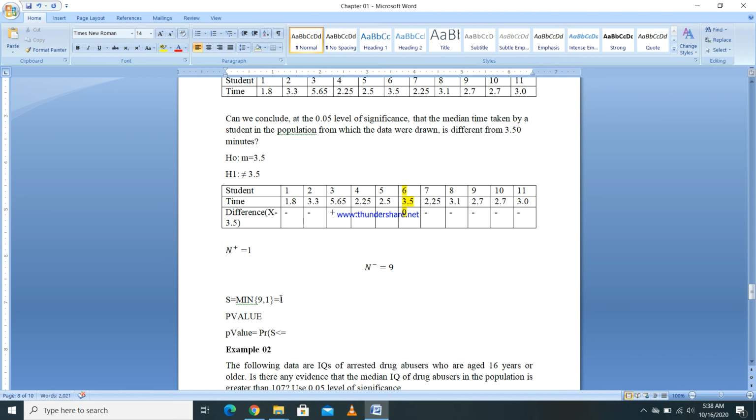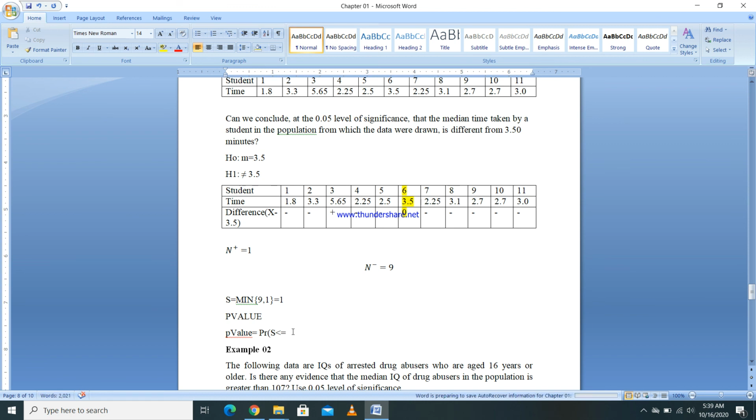So here the observed value is 1, given that H naught is true.